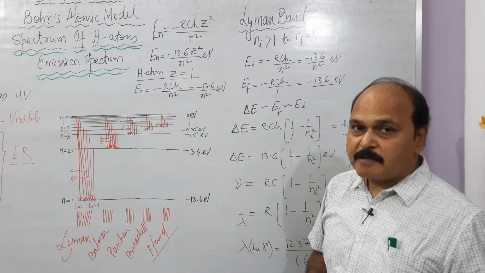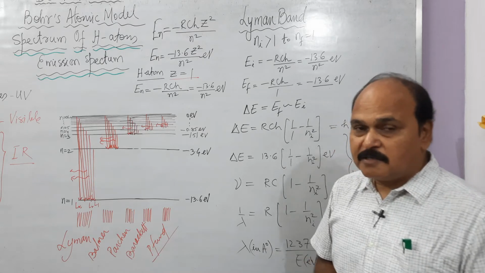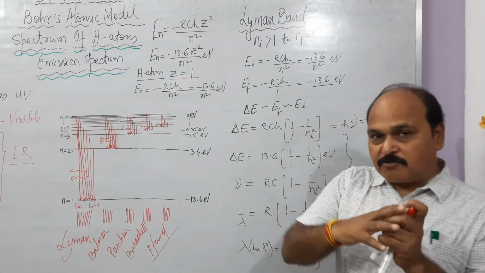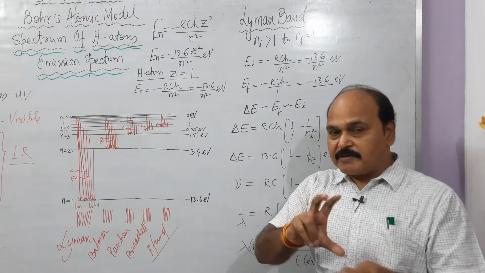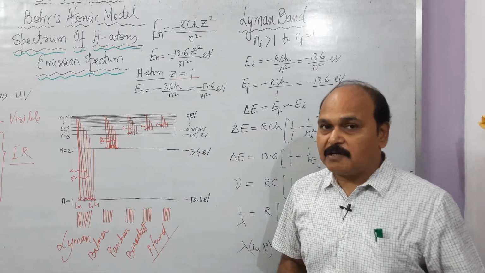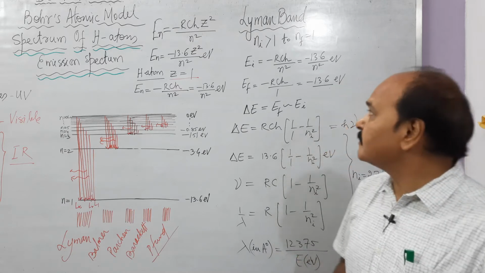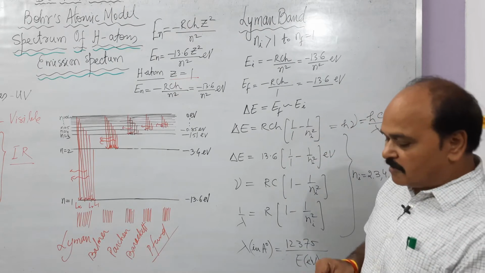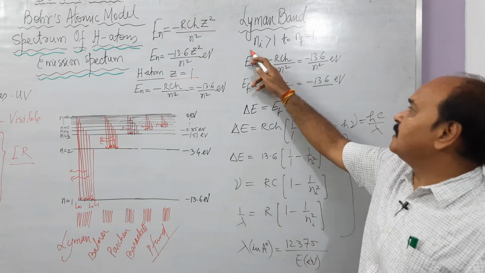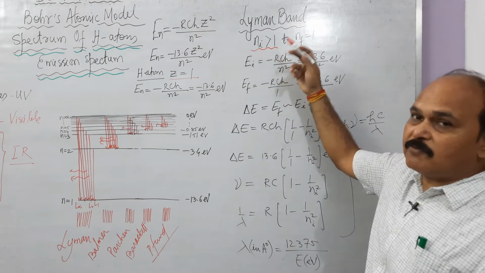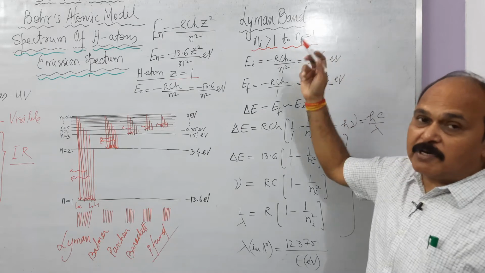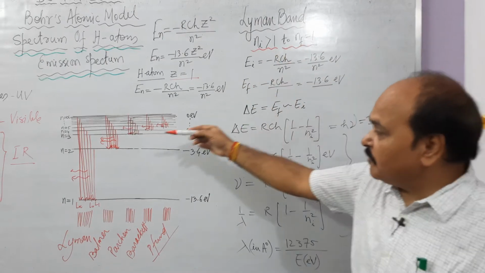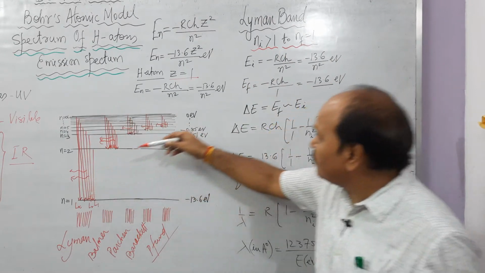And we know the law of transition: when an electron moves from one energy state to another, the energy emitted is the difference of the energy of the initial and final energy levels. In the Lyman band, transition takes place from any excited state ni greater than 1 to nf, the final state number 1.